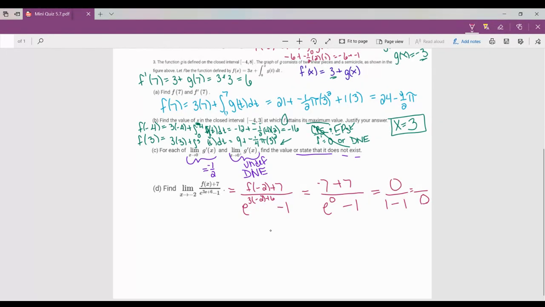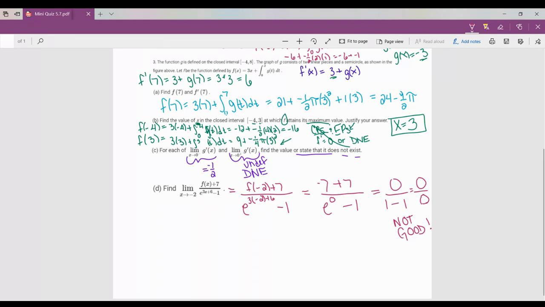-7 plus 7 is 0. I get 0 over 0. That is not good. We got to do something with that. There's no chance in any way, shape, or form that I'm going to be factoring that and canceling.